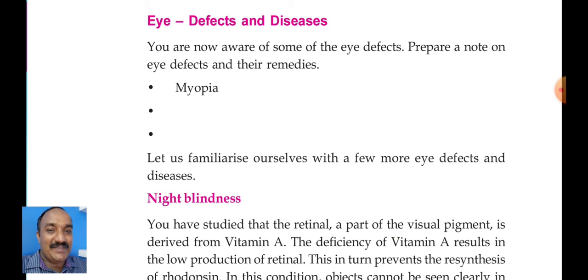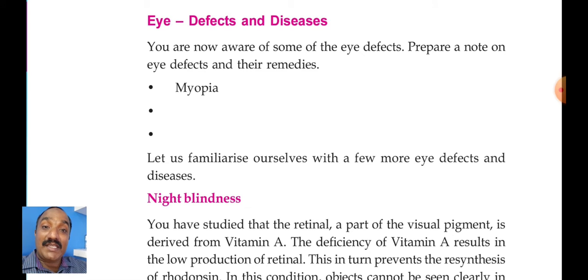Here the person will be able to see distant objects, and he will be unable to see nearby objects in the case of hypermetropia.